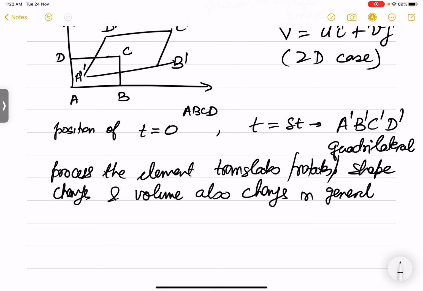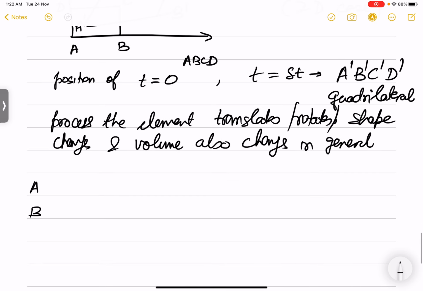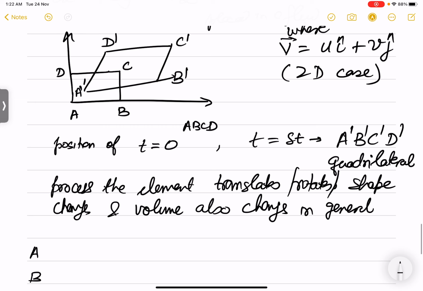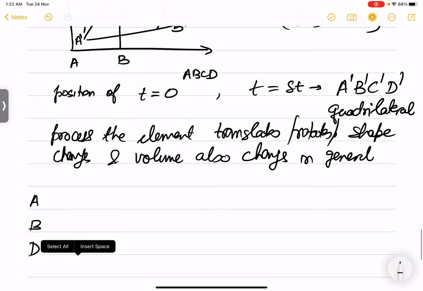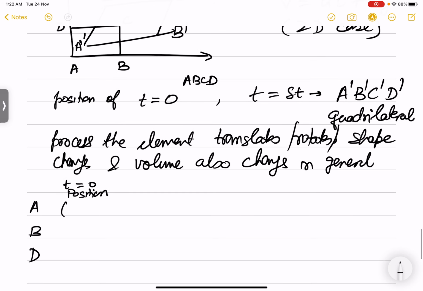So now let me write first the 3 points A, B, D, points on the x and y axis of this element. Now at time t is equal to 0, let's first write the position vectors of point A. Let the position vector of point A be 0, 0, and let the velocity of point A be u, v.